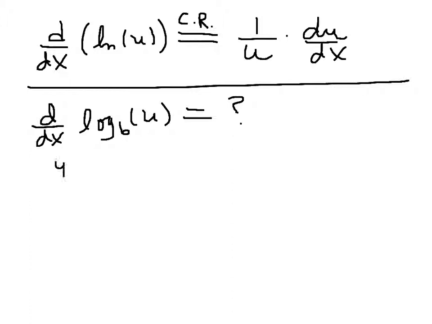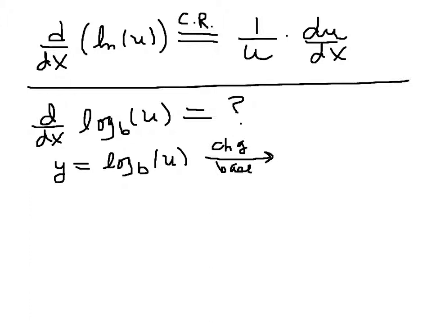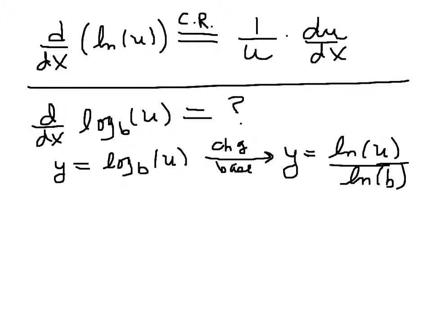So we do the same thing as before. We say, let's let y equal log base b of u. What we can use now, by the change of base, is we can write y is equal to the ln of u over the ln of b. Now let's remember again, b is a constant, so the ln of b is a constant.